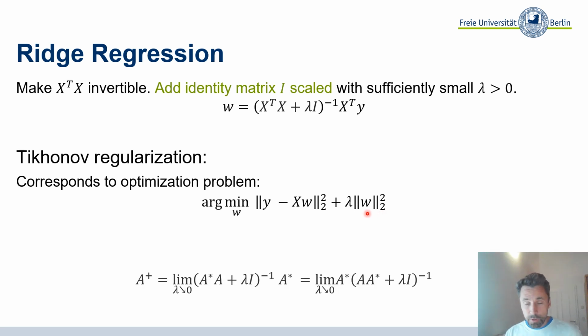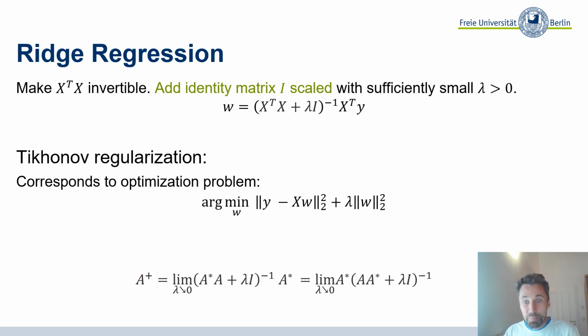And another thing that I wanted to mention, because it leads over to the next slide, if we take lambda and make it smaller and smaller until we reach the limit of lambda equals 0, this matrix is in the limit A plus. And what is A plus?